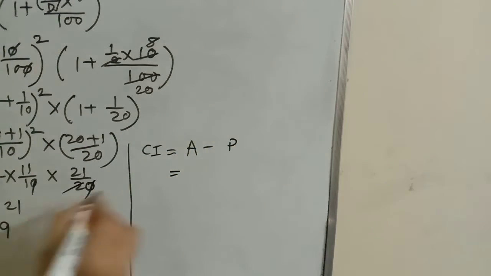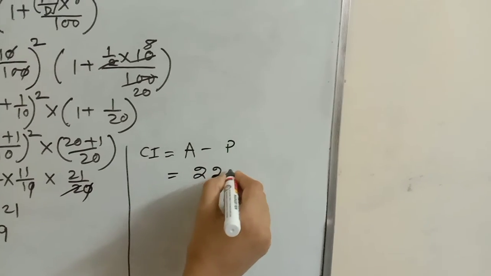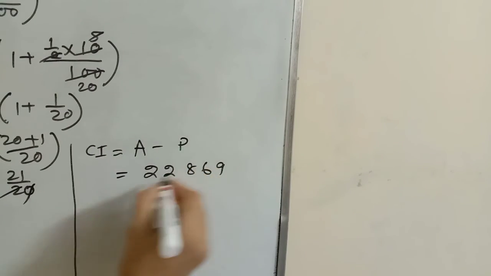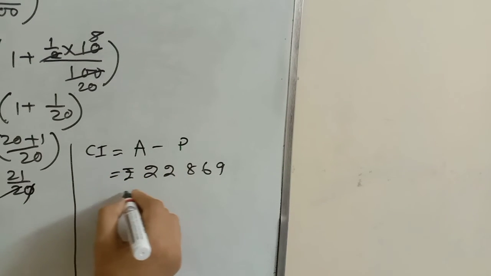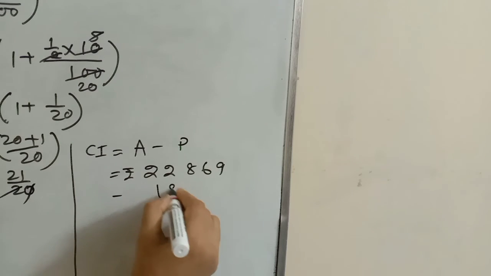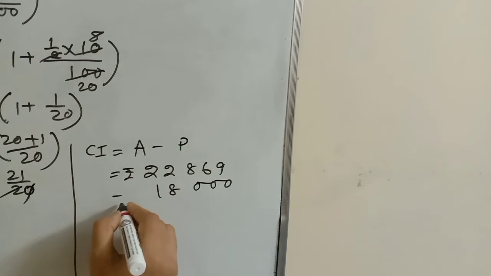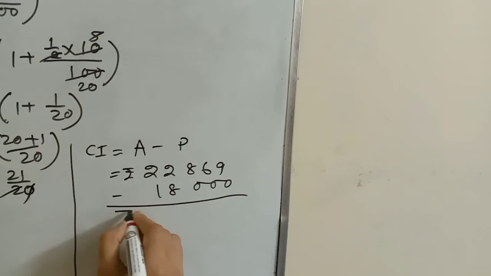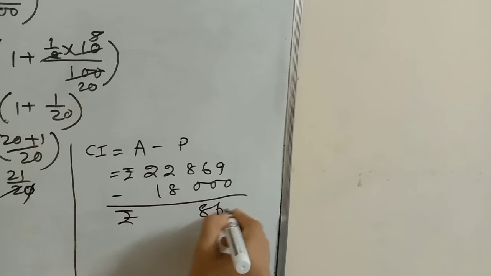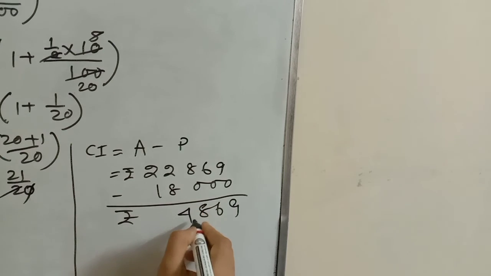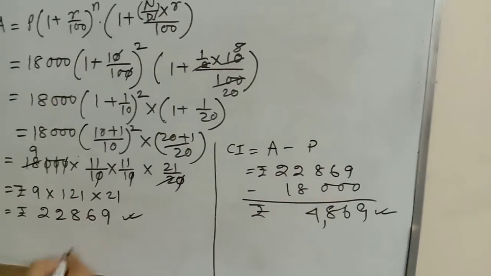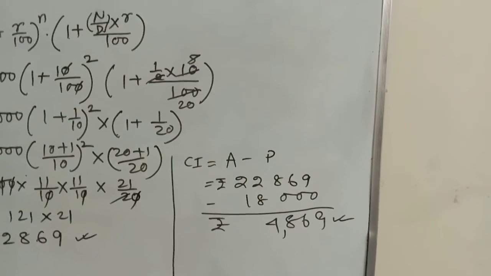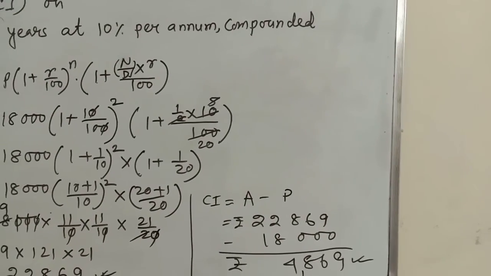So amount is 22,869 rupees minus principal 18,000 rupees, that is 4,869. So the CI is rupees this and amount is rupees this. I hope all of you understood. You need to practice. Thank you, students.